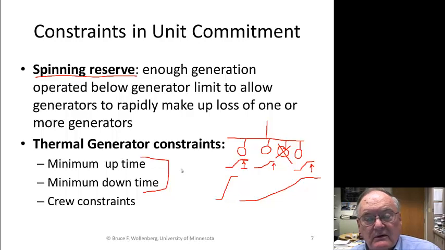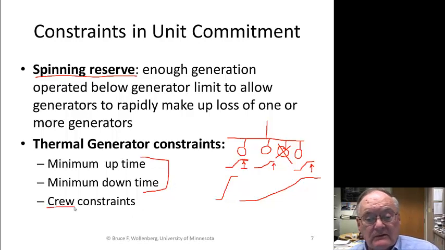They don't like you to turn it on and turn it right back off. Or conversely, they don't want you to shut it down and then try and turn it back on again right away. But this causes a lot of difficulty. We'll see this later on in one of our examples, when we include the minimum downtime, that it can give us a very different unit commitment.